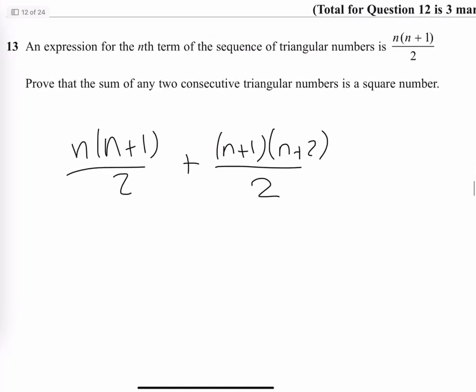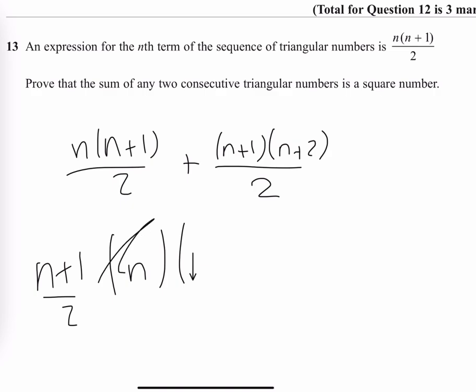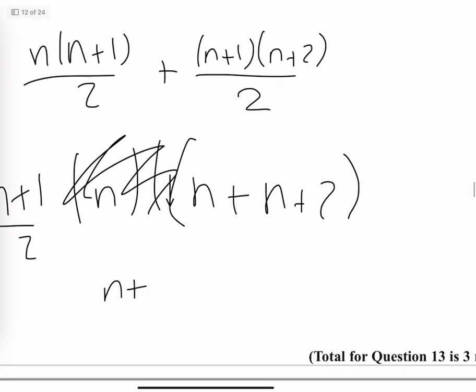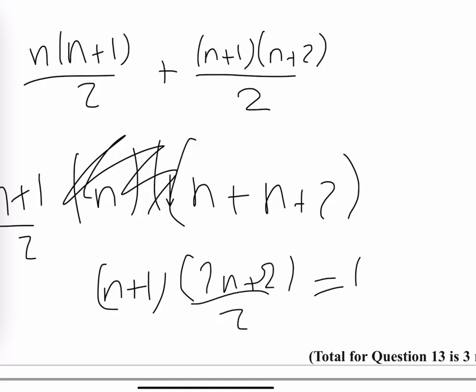So I get n plus 1 over 2 lots of n plus n plus 2, which equals n plus 1 lots of 2n plus 2 over 2, which equals n plus 1 squared. Therefore, always square.